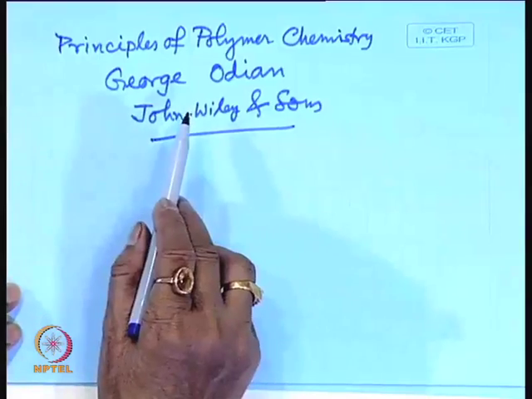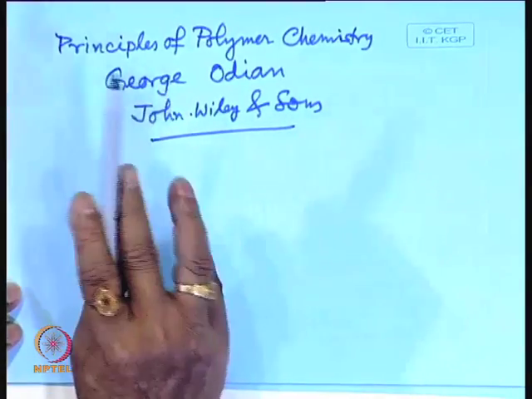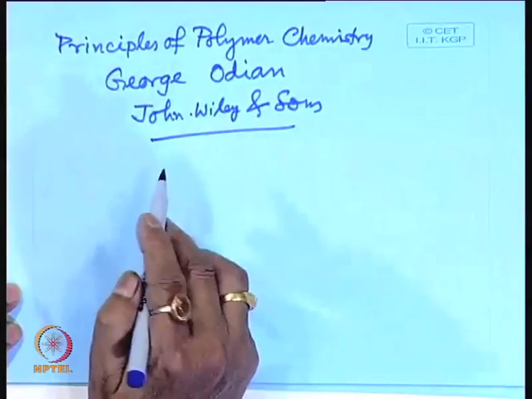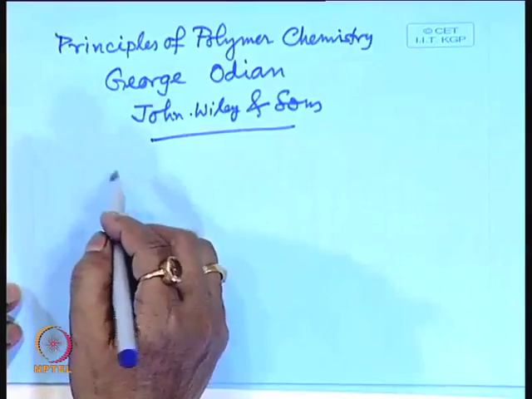It is a very good book. There are copies in the library, or Indian edition is available. That is the most authentic book, or else you can see another book.